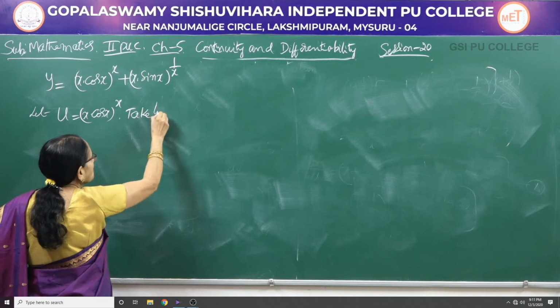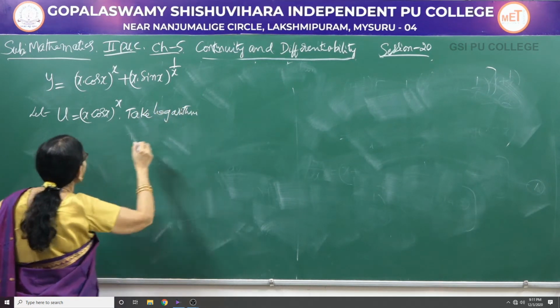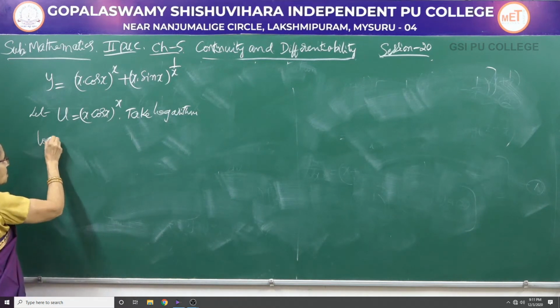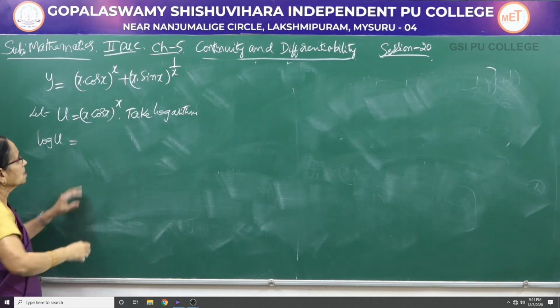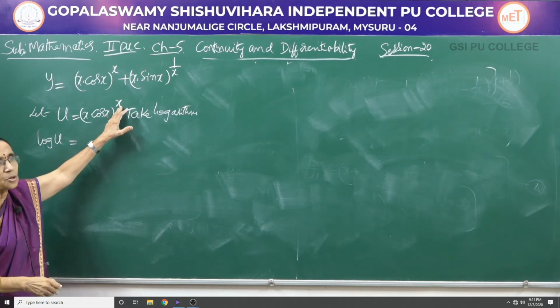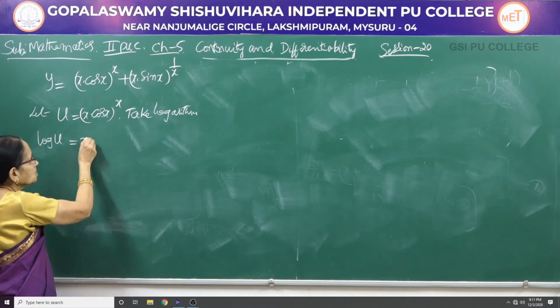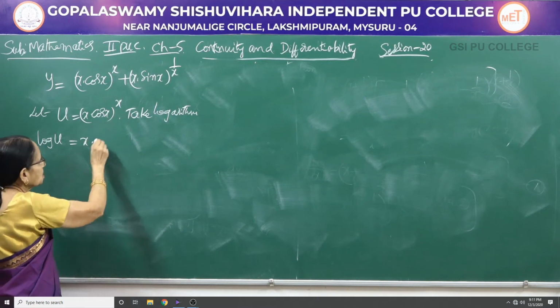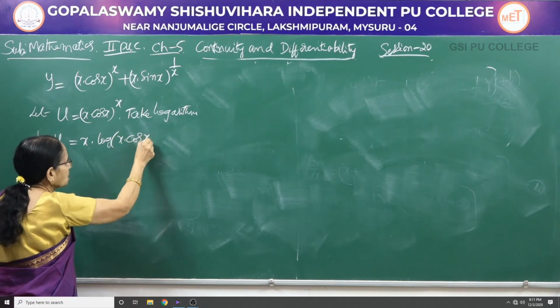Then the left hand side is log of u, and the right hand side is log of (x cos x) whole to the power x. So this x, being the index, becomes the coefficient: x into log of (x cos x).